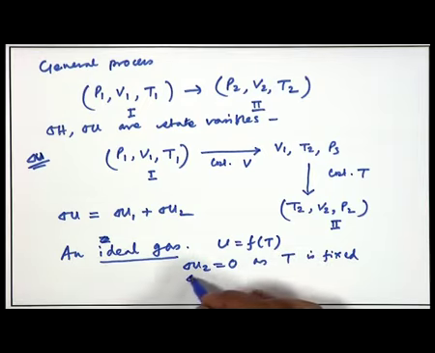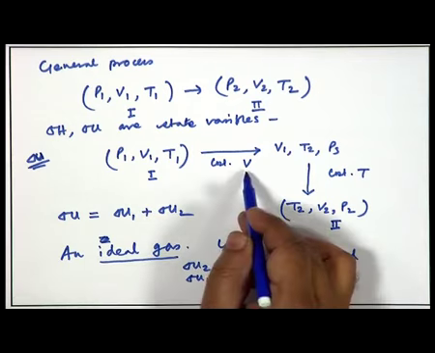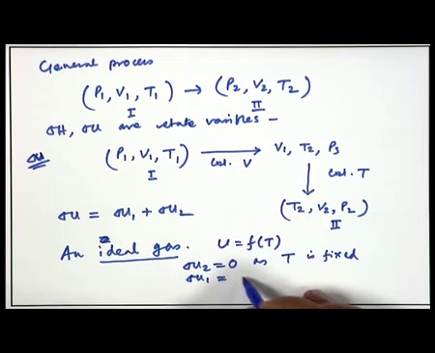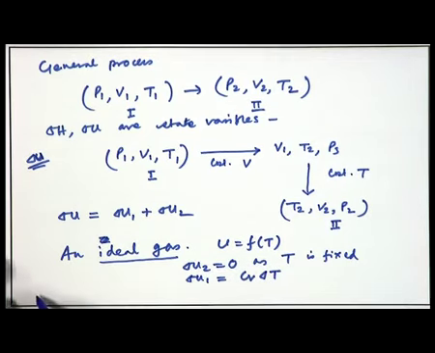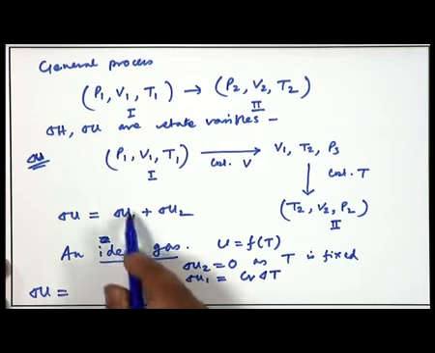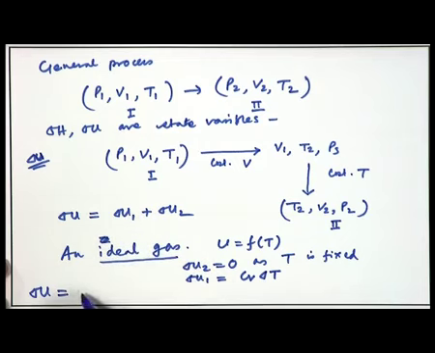And del U 1 is a constant volume process, as we discussed earlier, it will be given by Cv dT. So, del U will be given by the first process plus the second process: Cv del T plus 0.